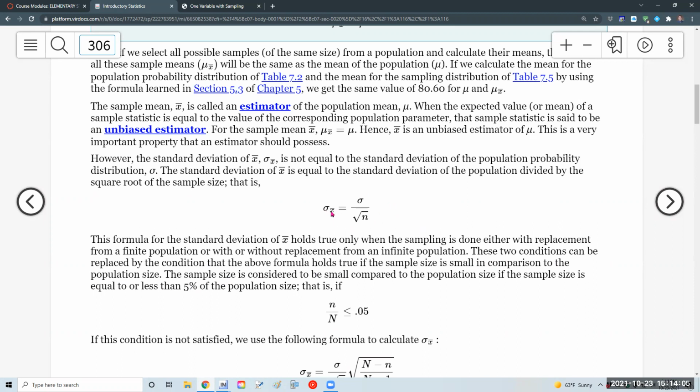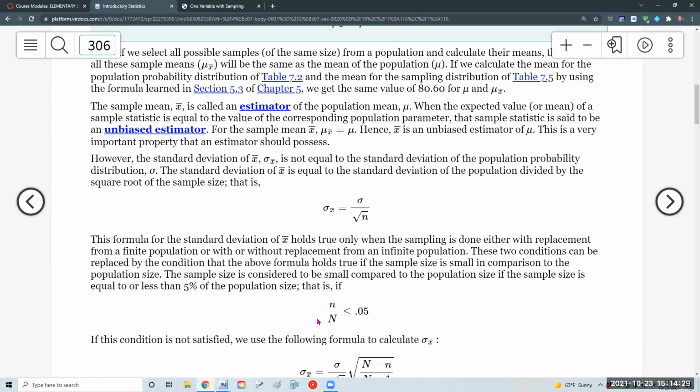In other words, you can find the value of this if you know this, if the sample size is small in comparison to the population size. And the sample size is considered to be small compared to the population size if the sample size is equal to or less than 5% of the population size.